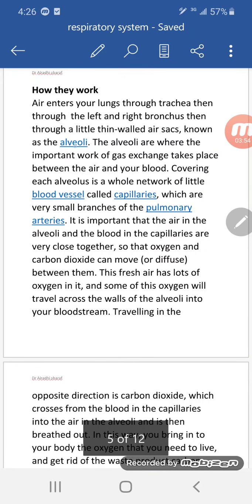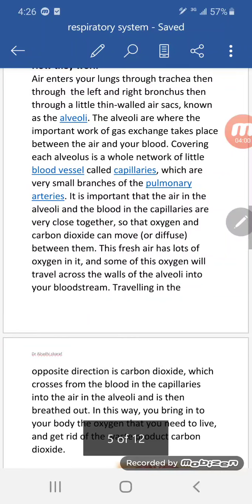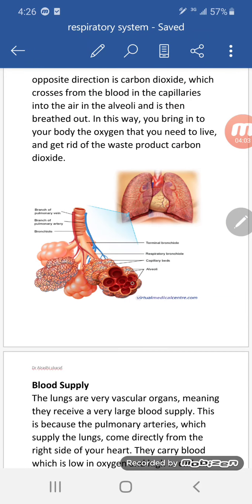We have the alveoli, which is the functional unit of the respiratory system. Here is the alveoli. It is the distal part of the bronchus, and we have the pulmonary artery and pulmonary vein. They are close together, and it has terminal branches which are close together, and gas exchange can happen here.